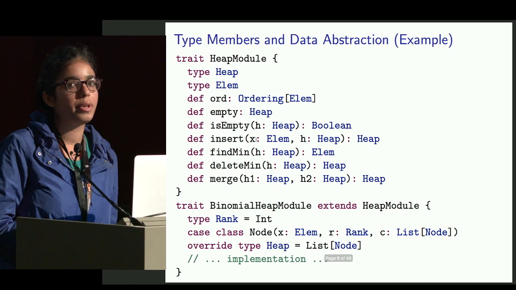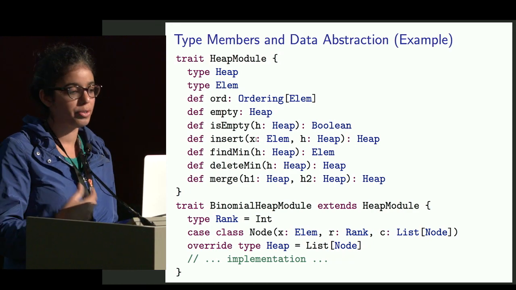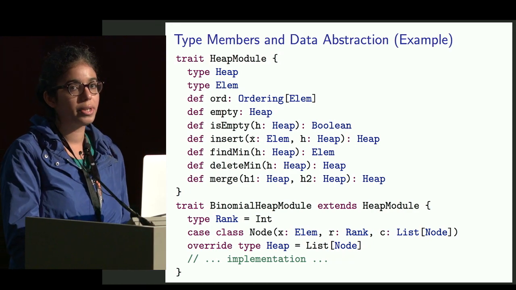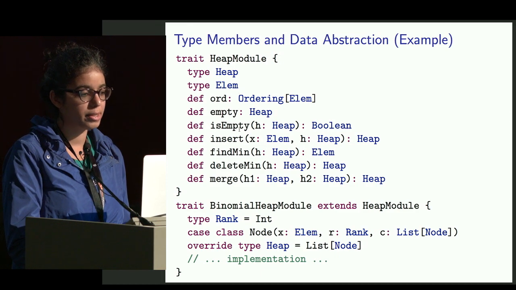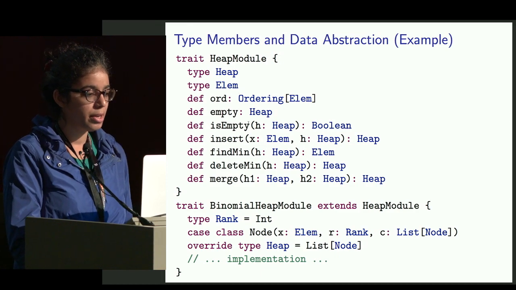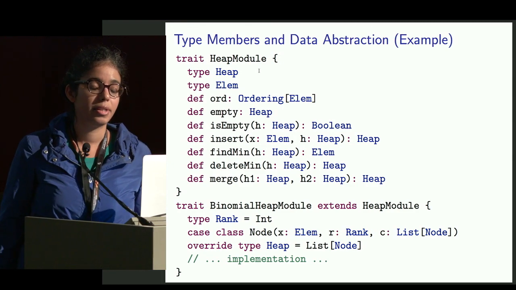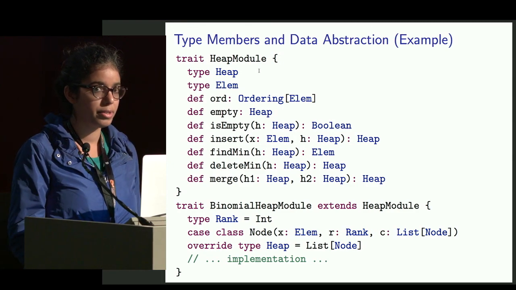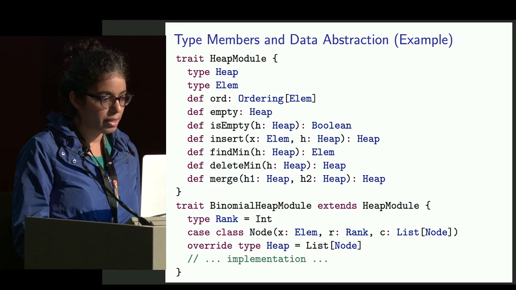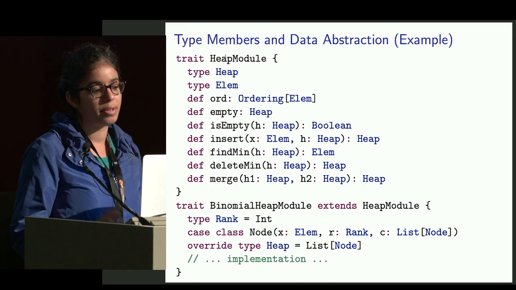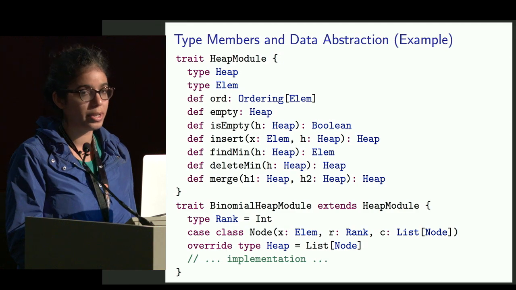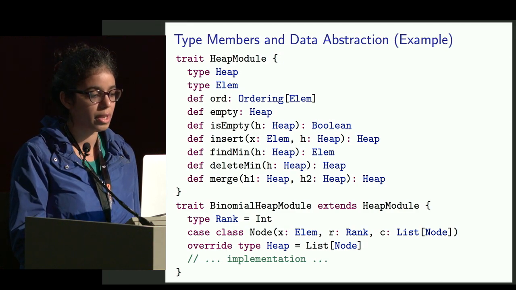And to give another example, which comes from the functional tradition, but which we can also express in Scala using these type members, this example comes from the functional data structures book by Chris Okasaki. This book is usually in ML or in Haskell, but this is how you would do it in Scala.